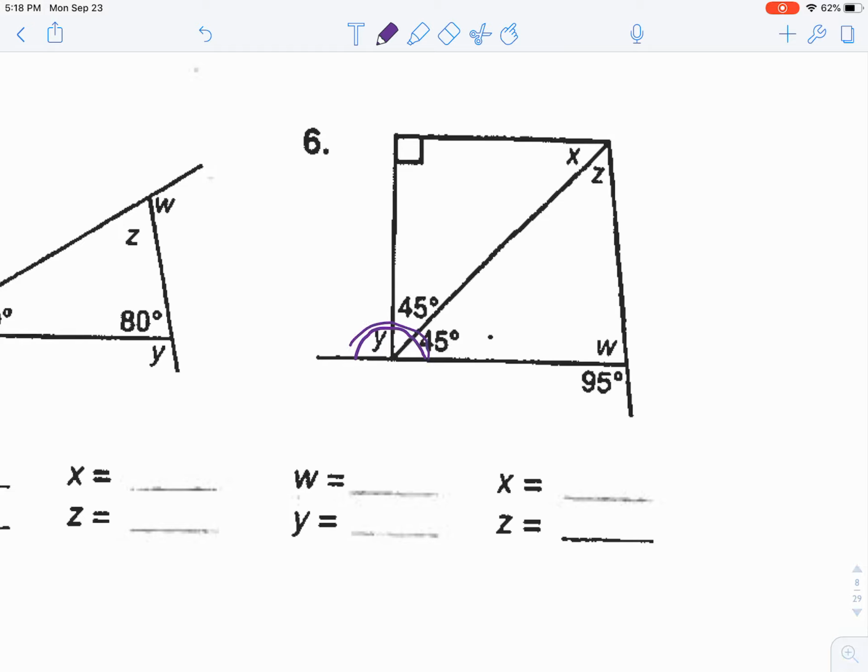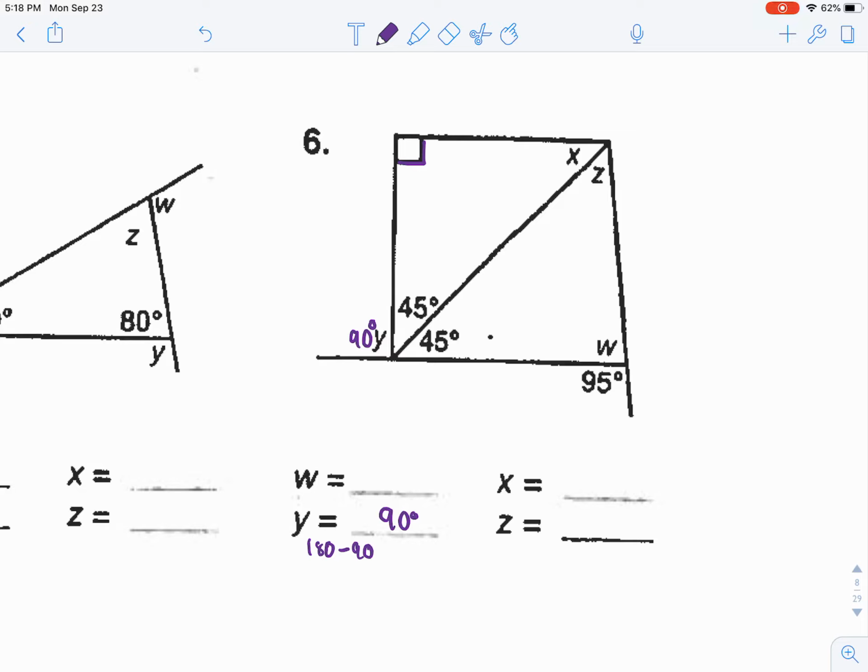These 3 angles add up to be 180 degrees. To find angle y, I'm going to add 45 plus 45 and get 90. And then subtract from 180. 180 minus 90 is 90. Y is 90 degrees.